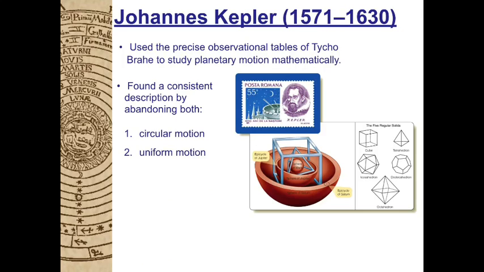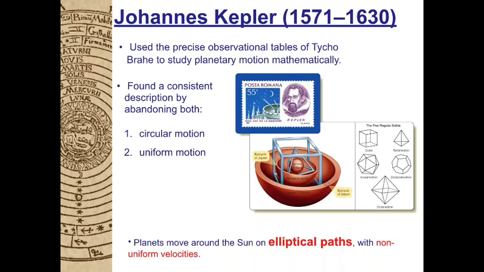And he also found that the motion is not uniform, meaning that it speeds up and slows down. Okay? So what he comes up with using Tycho's observational data is that the planets move around the sun, so a heliocentric model, but they move in an elliptical path with non-uniform velocities.